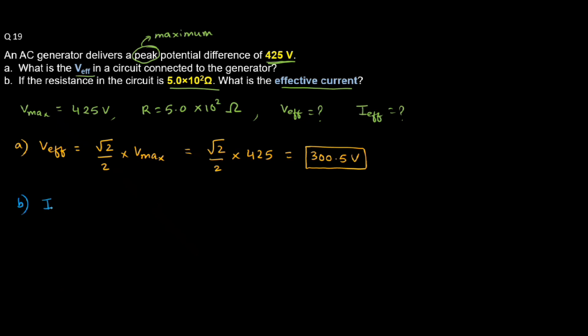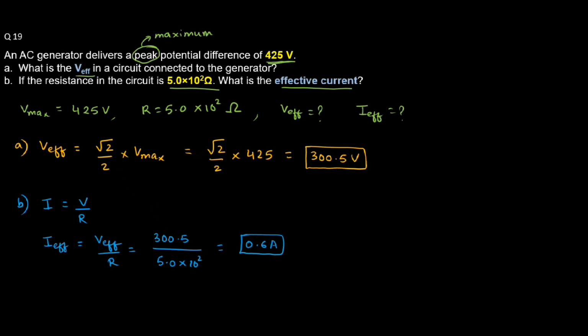I know my current I is equal to potential difference V over the resistance R. And if I have to rewrite this for finding I effective, I will take V effective divided by the resistance R. So V effective I calculated in part A as 300.5 volt, and resistance is 5 times 10 to the power 2 ohm. When you solve this, you get your current as 0.6 ampere.